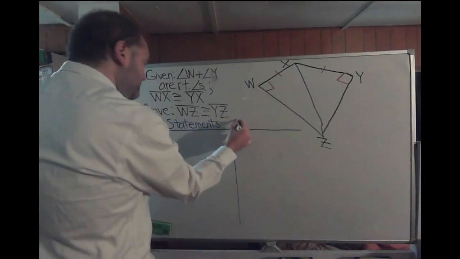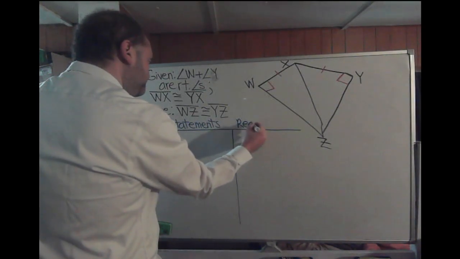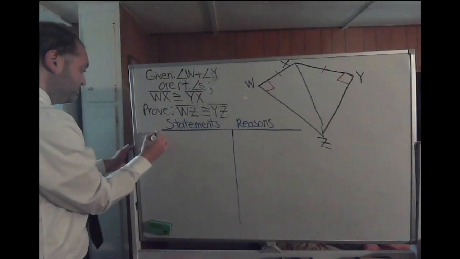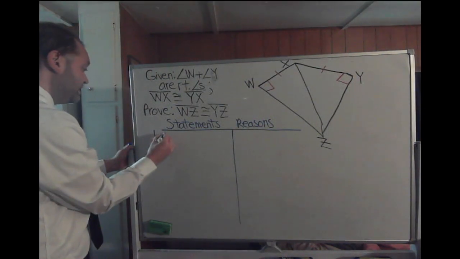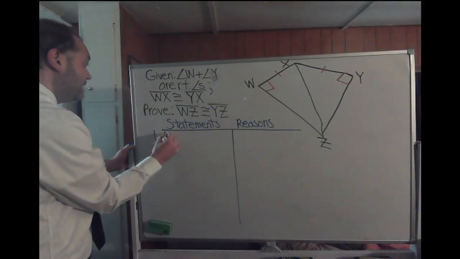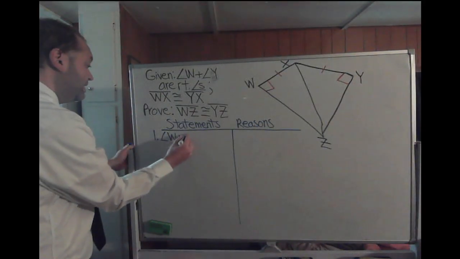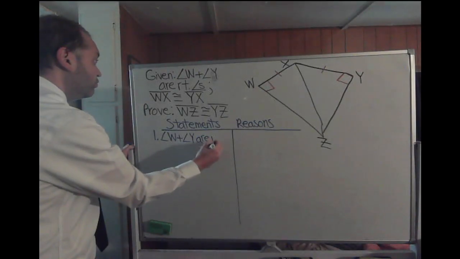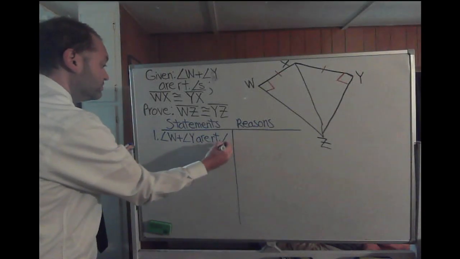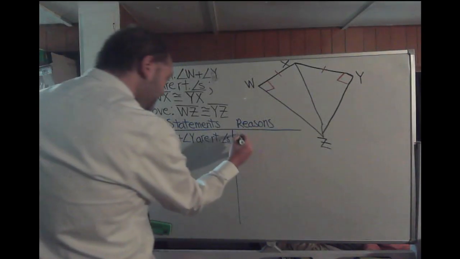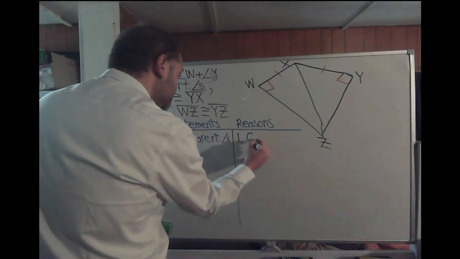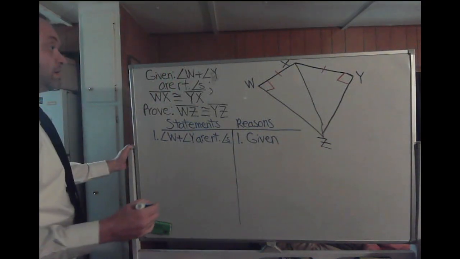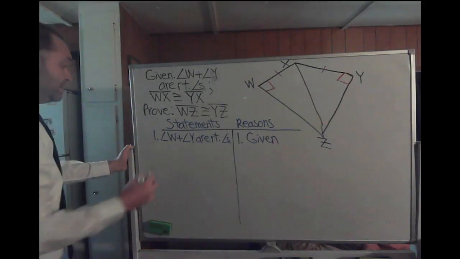So, statements and reasons. Okay, so statement 1 is that angle W and angle Y are right angles. That, of course, the reason for that is it was given to us. Alright.